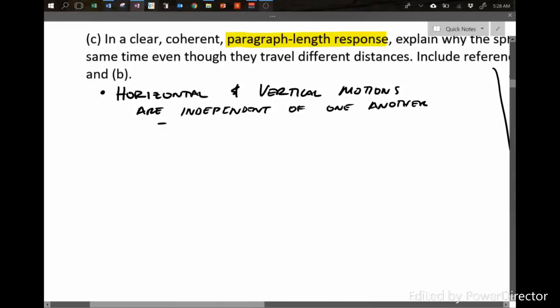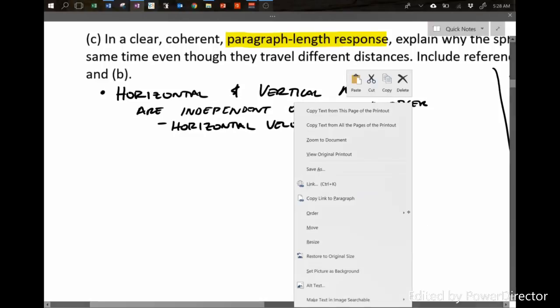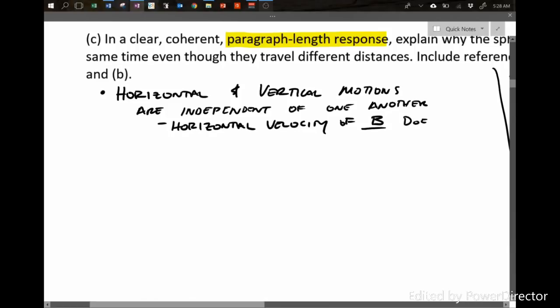This is important because what it's telling me is that the horizontal velocity of B does not affect the time to fall.